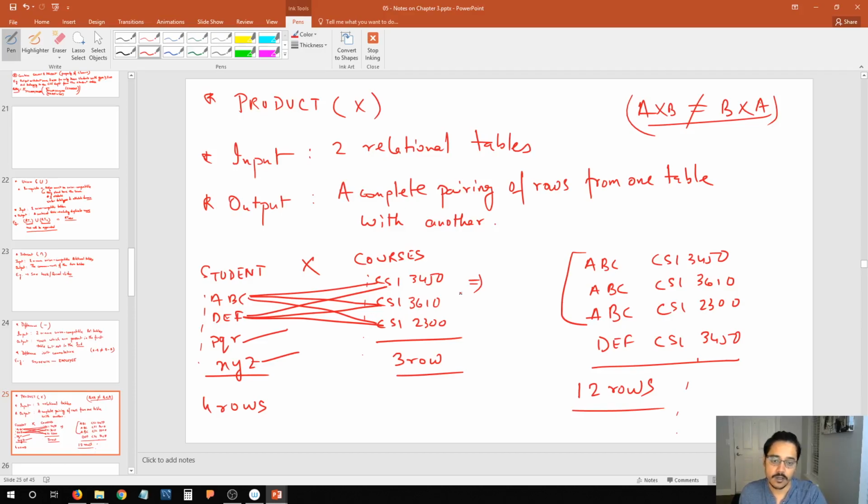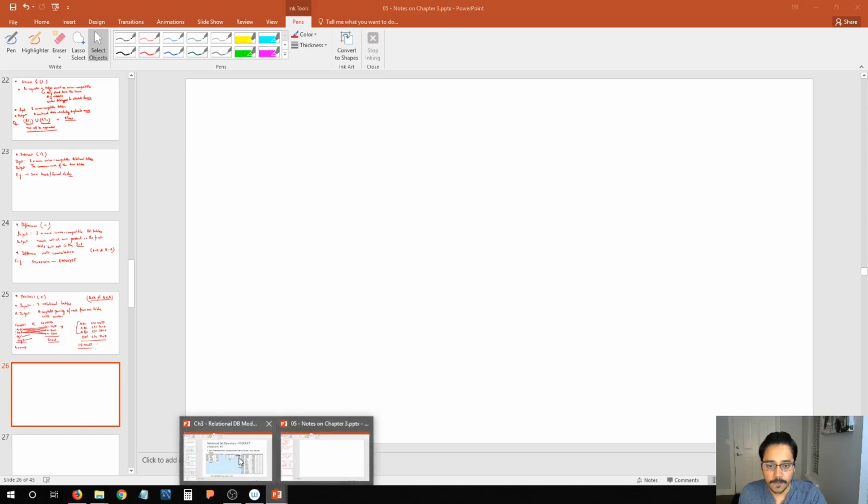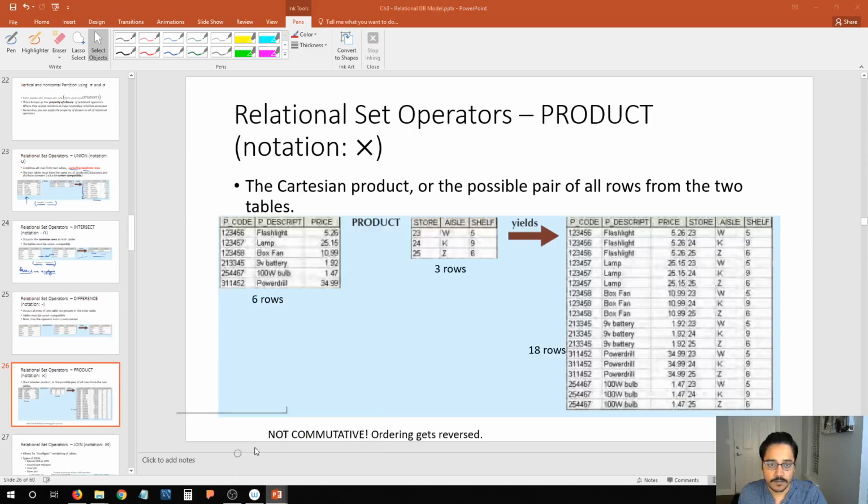Okay. So if we take the example now, in this particular example, you have the product description and you're trying to create a pairing with the different types of aisles or store aisles where you can store those products, right?